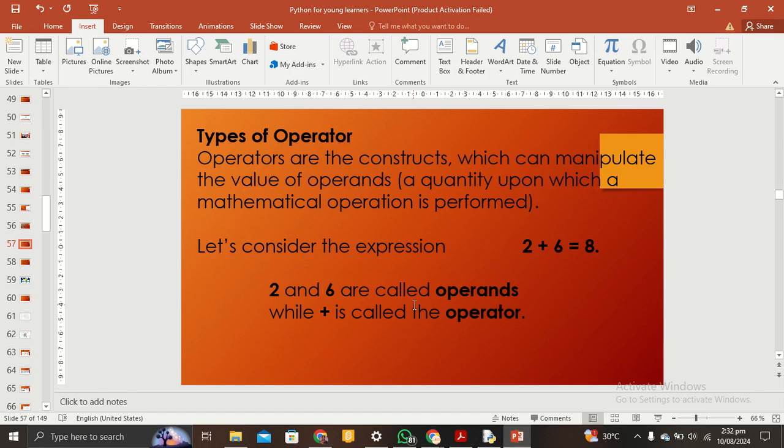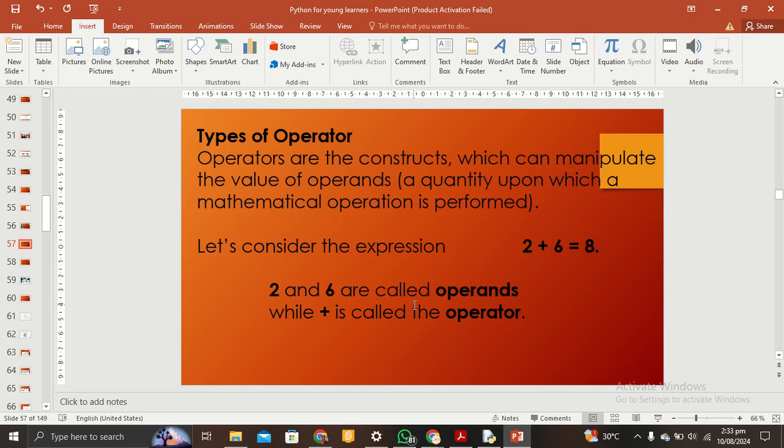There are constructs, there are signs that help you manipulate or work with numbers. They help you to work with two numbers. So those are operators. For example, your plus sign, the minus sign, the multiplication sign, division sign, greater than, less than, you can use them to work with two numbers.